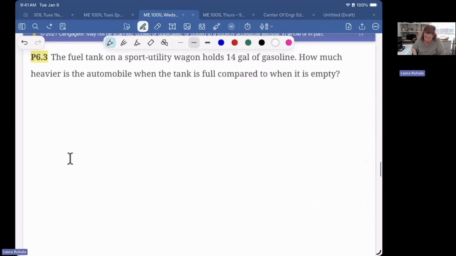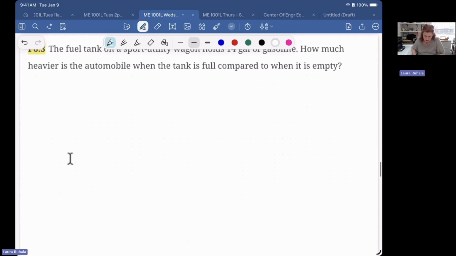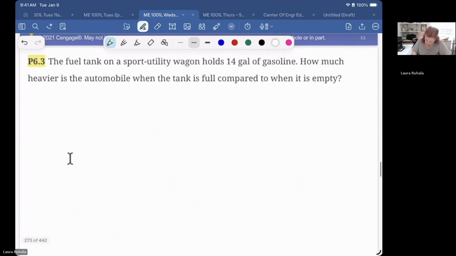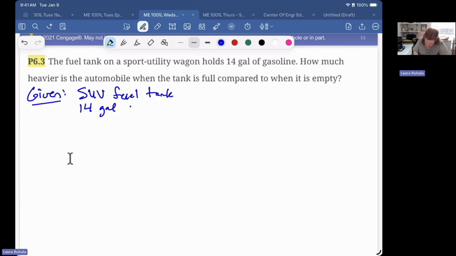Okay, so our first problem. The fuel tank in a sports utility wagon holds 14 gallons of gasoline. How much heavier is the automobile when the tank is full compared to when it's empty? So this is a good problem. So we are given an SUV fuel tank, and it's 14 gallons of gasoline.